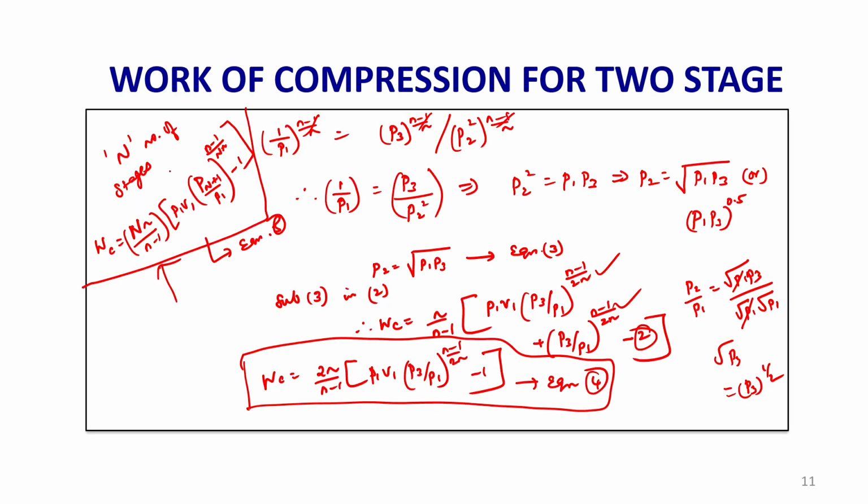And use this equation where the number of stages, capital N, is equal to 2. So, 2n by n minus 1; sorry, instead of n you have to use gamma. That form is for a polytropic process, but the problem we are analyzing is a reversible adiabatic, isentropic process.